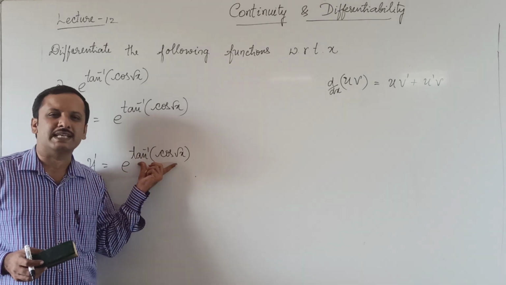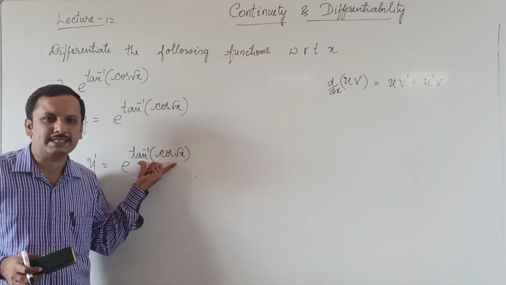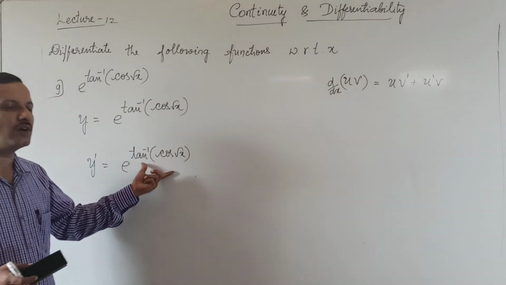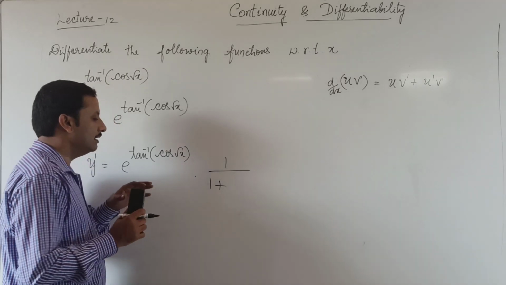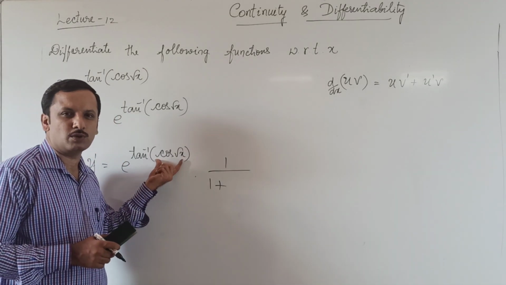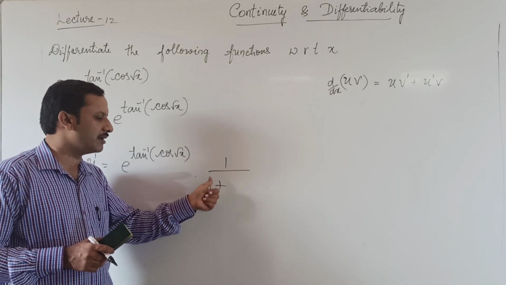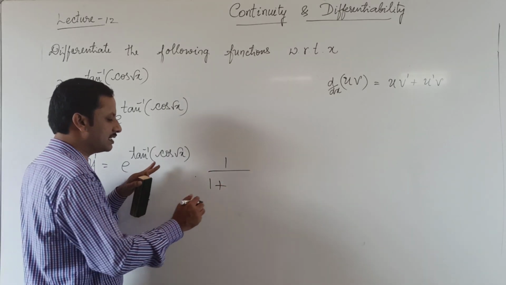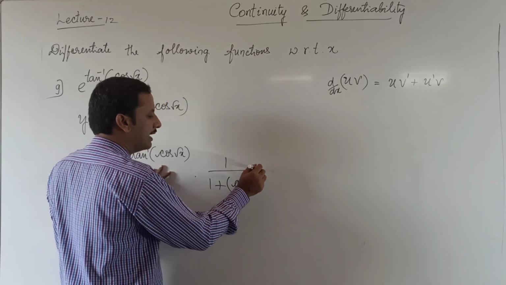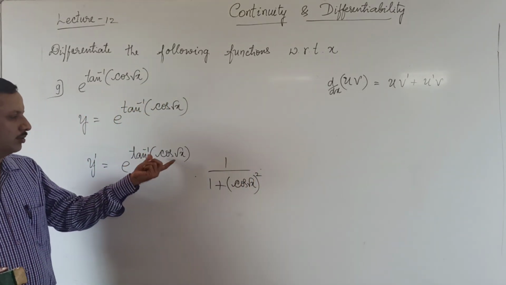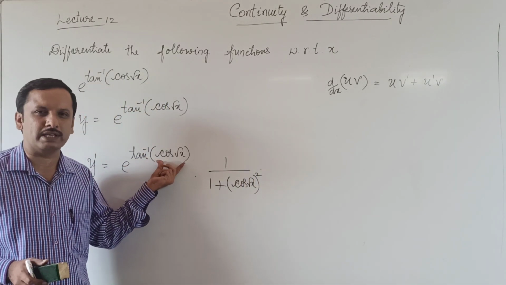The derivative of tan inverse x is 1 by 1 plus x square. So the derivative of tan inverse of cos root x will be 1 by 1 plus, in place of x we have cos root x here, so we must write 1 by 1 plus x square. In place of x, I am writing (cos root x) whole square, into the derivative of cos root x.